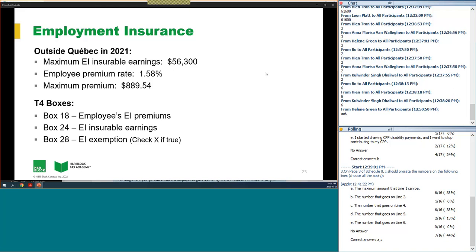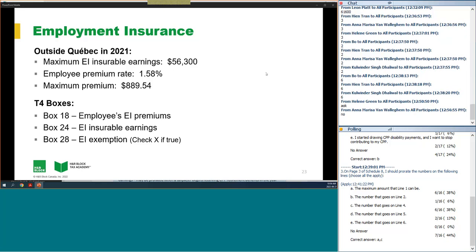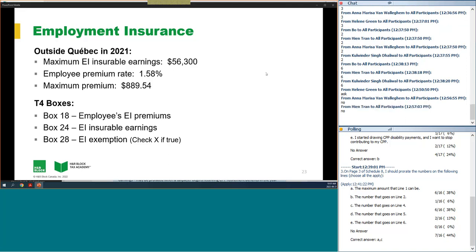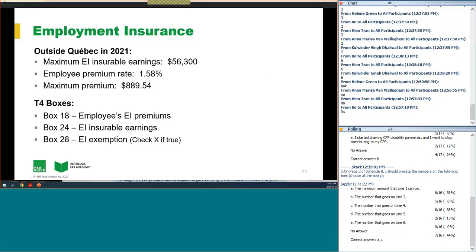Does EI have an age limit? Is there an age at which you are too young, if you have a job, to pay into EI? Do you think? No. So anyone who has employment income is paying into EI.